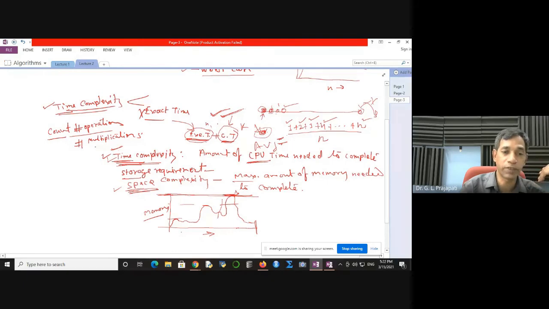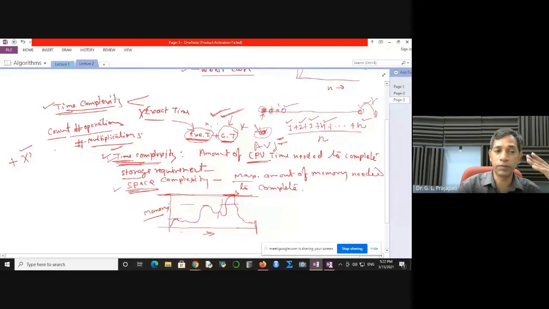How many multiplications are there? Because in matrix multiplication, the major operation is multiplication, with the intuition that addition takes less time, whereas multiplication takes more time. So our intuition is to minimize the number of multiplications. We need to minimize this operation.